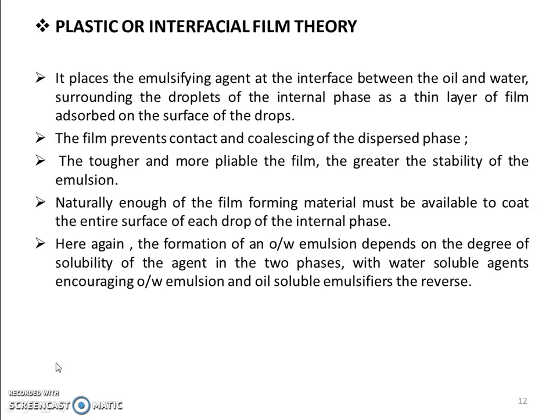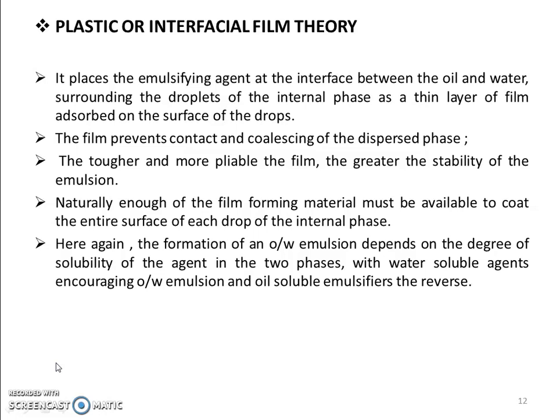Naturally, enough of the film forming material, that is the emulsifying agent, must be available to coat the entire surface of each drop of the internal phase. Here again, the formation of an O/W emulsion depends on the degree of solubility of the agent in the two phases.